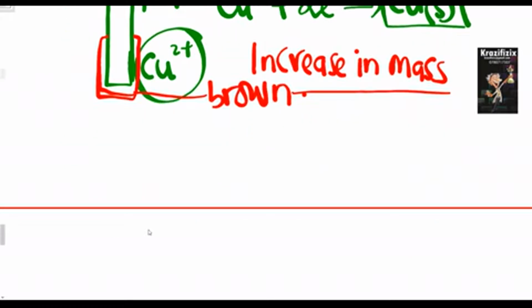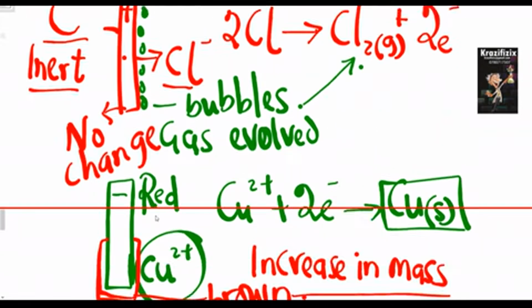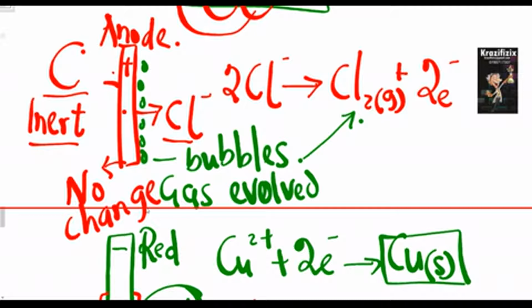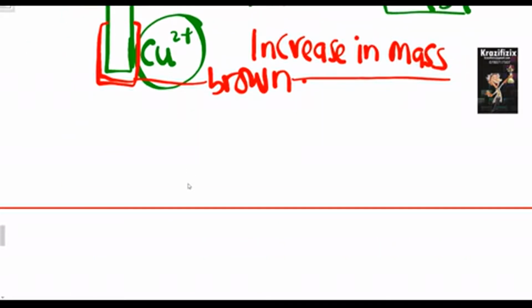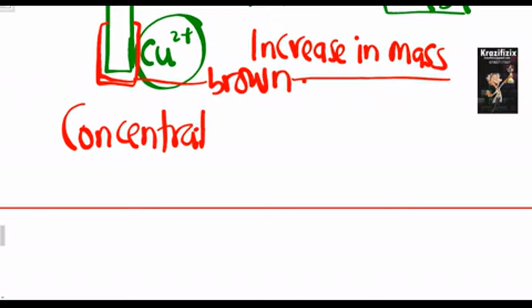So, summary quickly, look at what's happening here. The carbon remains the same. There is no change in mass, unlike the other one where there was a change in mass because we have a replacement of ion. So the concentration of our electrolyte, CuCl2, does what?